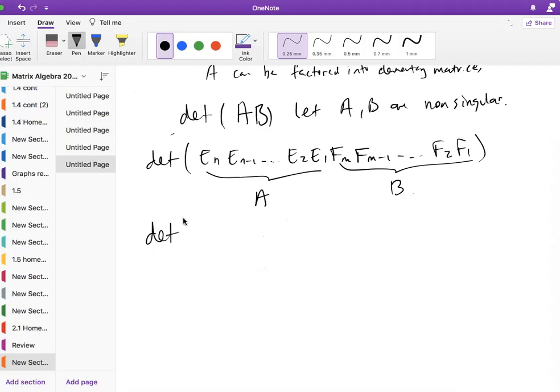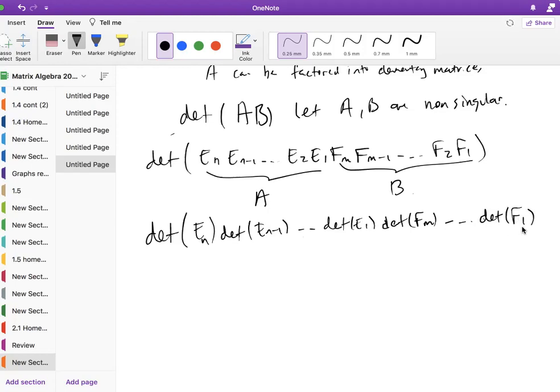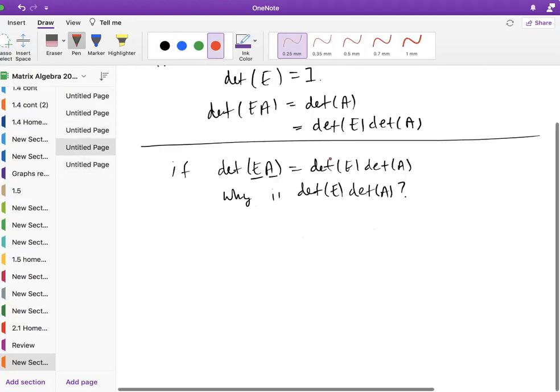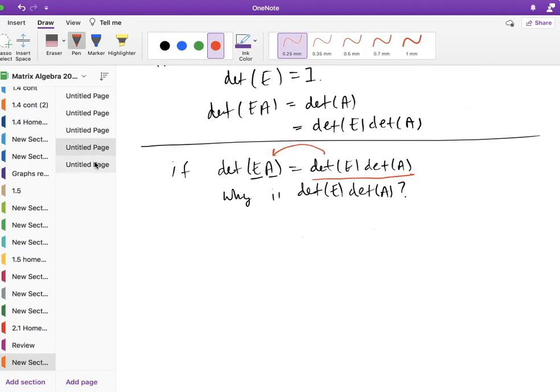So this is E_n, minus 1, so calculating the determinant is just calculating the determinant of all these little things. And now, if you think about it, we can go backwards. If we have the product of determinants, we can go backward and say this is the determinant of a product.